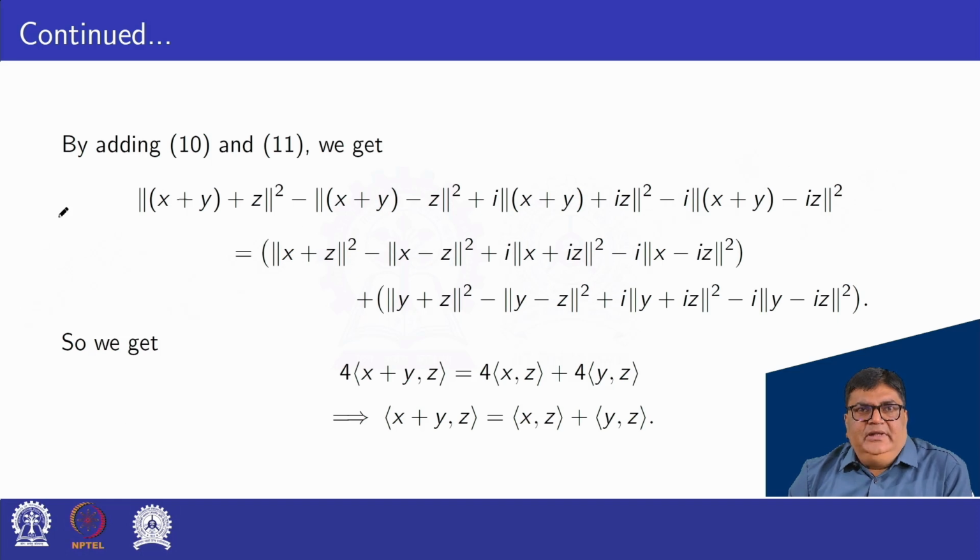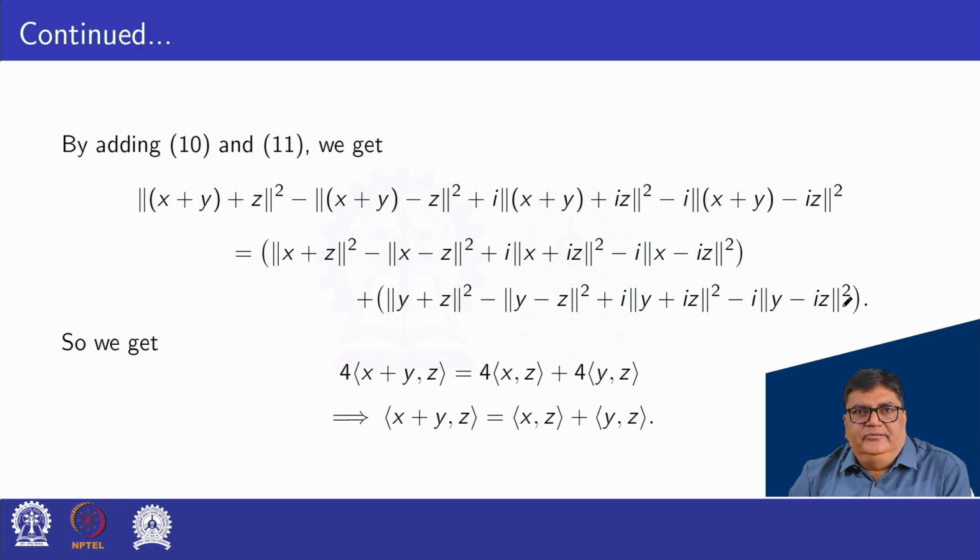So as per the application of the polarization identity, we can write 4 into inner product of (x plus y, z) equals 4 into inner product of (x, z) plus 4 into inner product of (y, z).